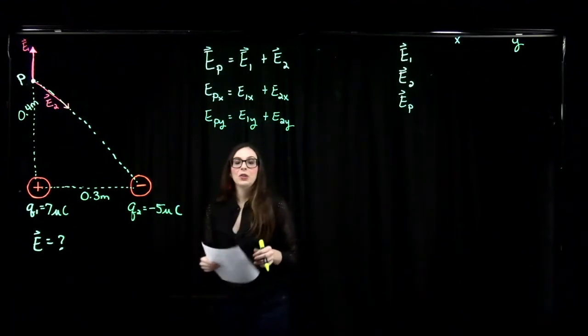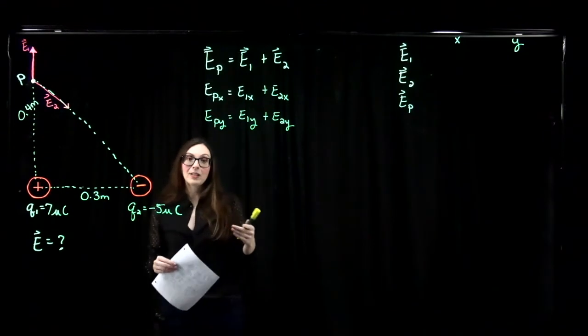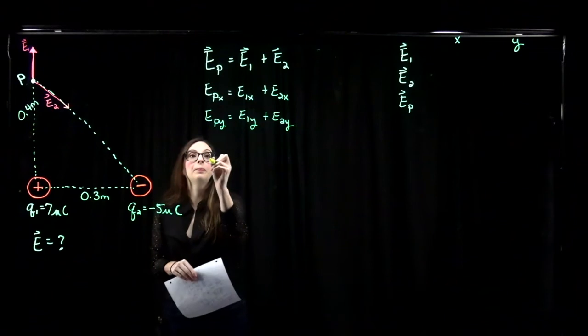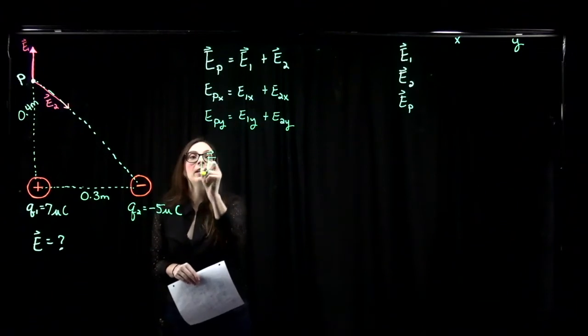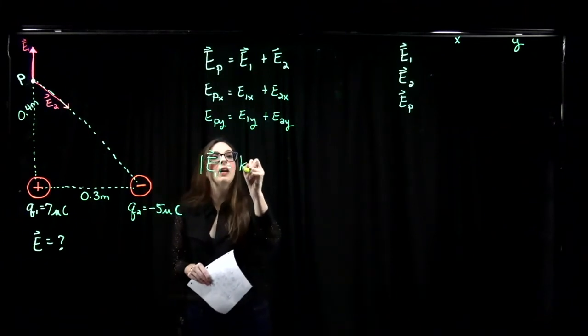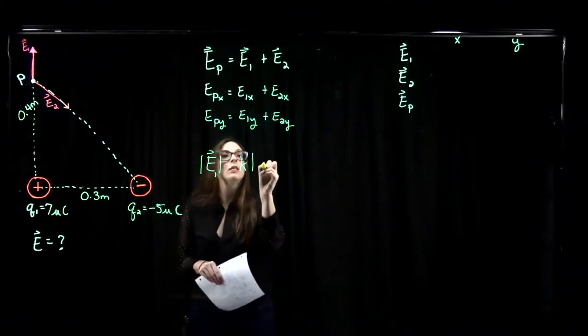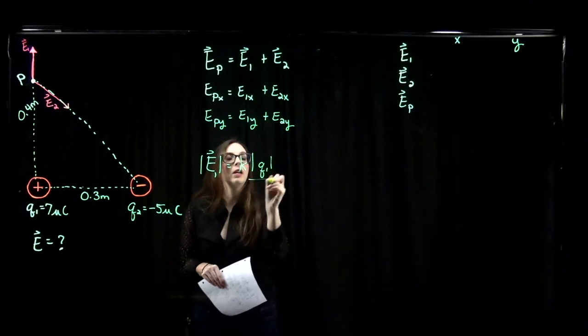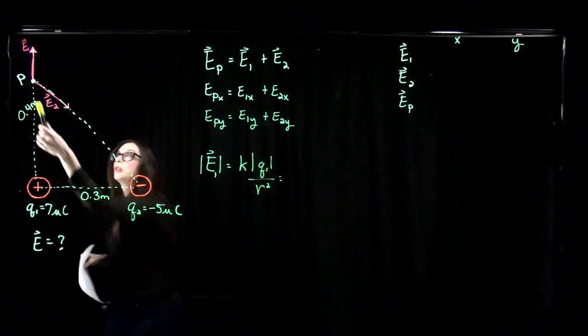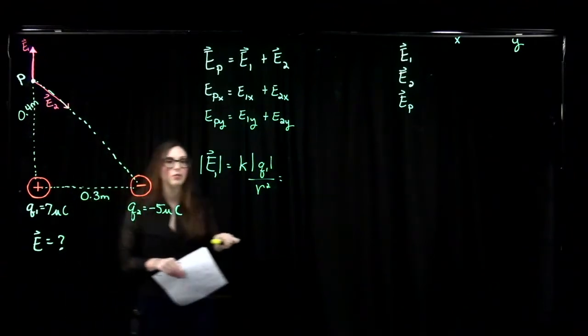All right, so let's find the magnitude of my electric field E1. The magnitude of my electric field E1 is going to equal Coulomb constant times the magnitude of Q1 all over R squared. R is this distance between my charge and where I'm finding the electric field.